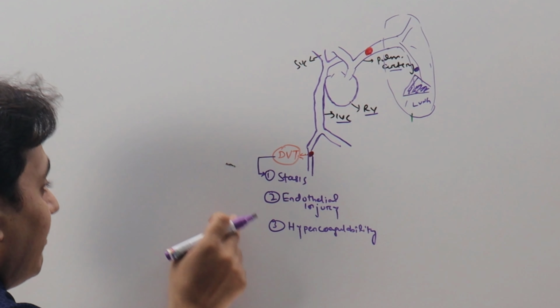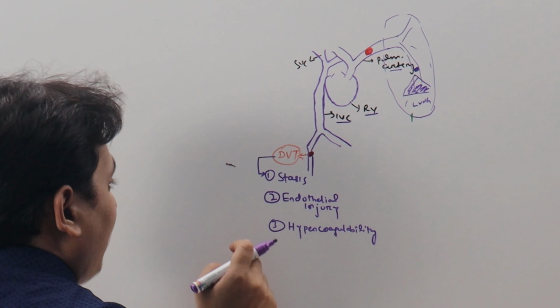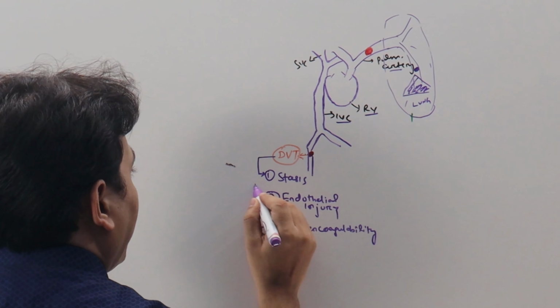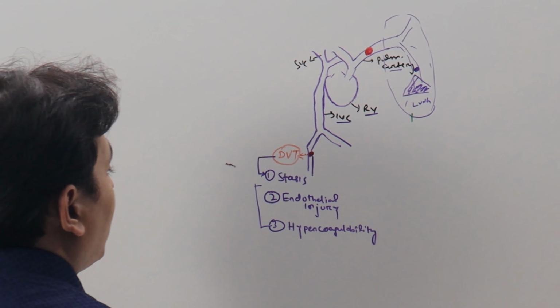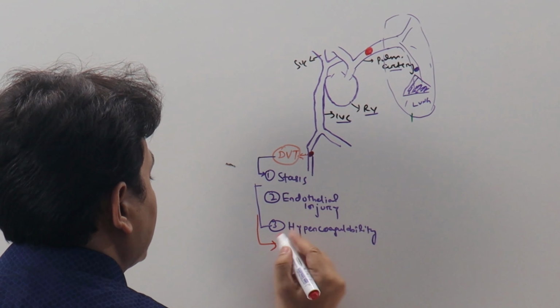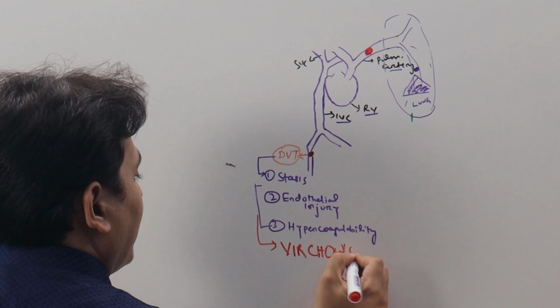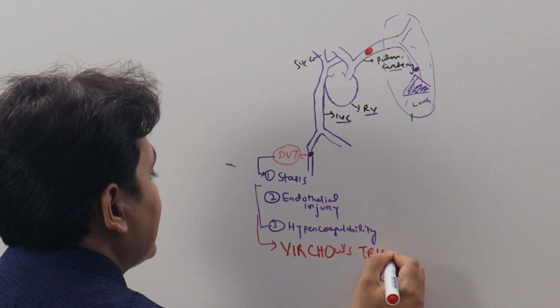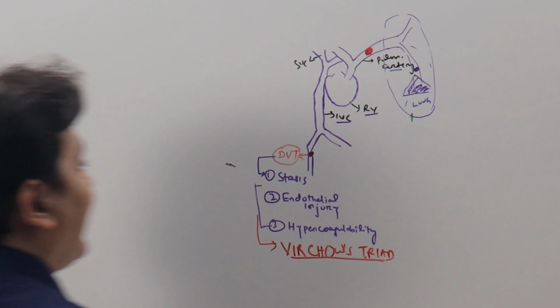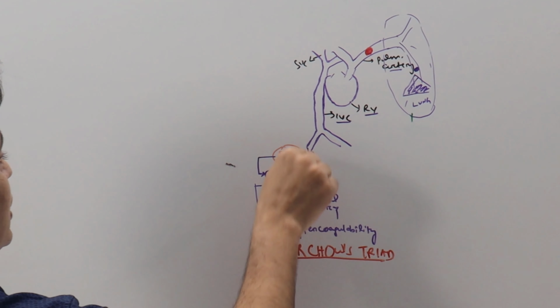You may remember these three are part of a very popular triad called the Virchow's triad. So anything that disrupts the Virchow's triad can predispose the patient to DVT.